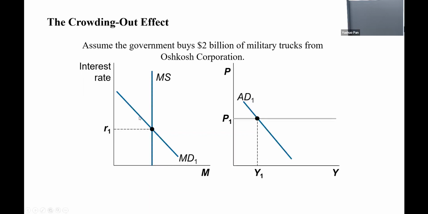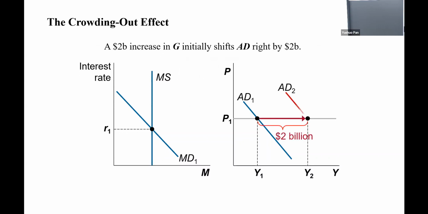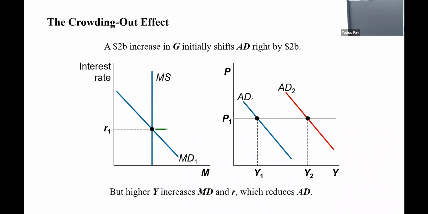But in this one, let's see what happens. Assume the government again spends $2 billion. The $2 billion increase in G initially shifts AD to the right by $2 billion, the same as what we have seen before. But higher Y, higher output, increases the money demand.